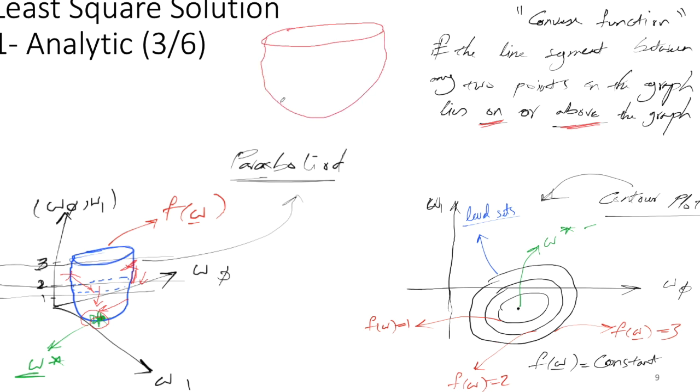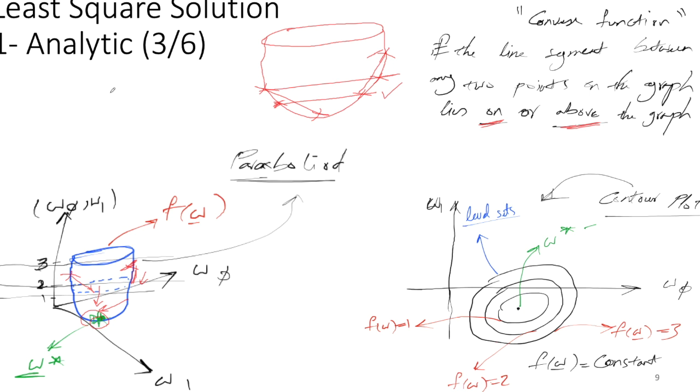If you pick two points here and draw a line, that line lies on or above the graph, which is cool. That's why it has the properties that let us optimize it using least squares, and also here, or if you pick these two points, or another line here. But if there was another type of function that didn't have the convex properties, in that domain you wouldn't be able to solve it with this method.